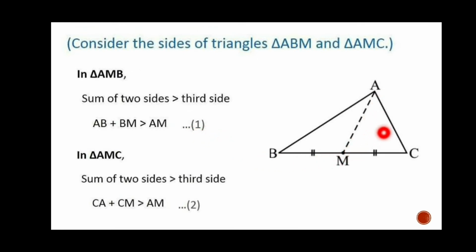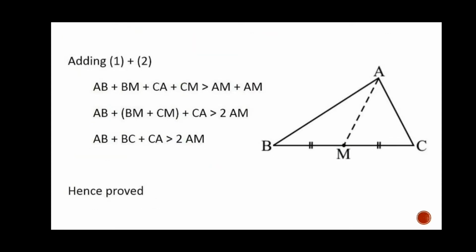Now the next triangle, AMC: the sum of two sides is greater than the third side. So we can write CA plus CM is greater than AM. This is equation number 2. By adding equations 1 and 2, we get AB plus BM plus CA plus CM on the LHS, greater than AM plus AM, which becomes 2AM.